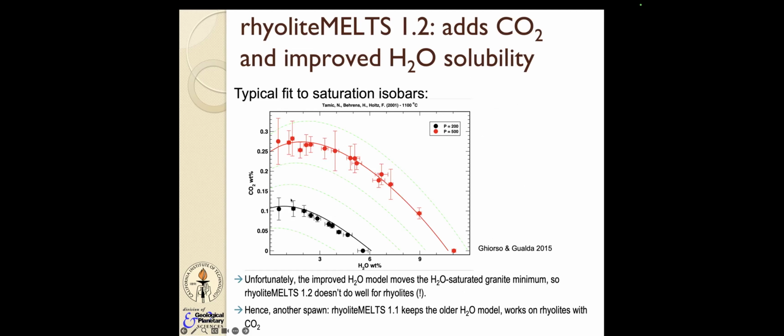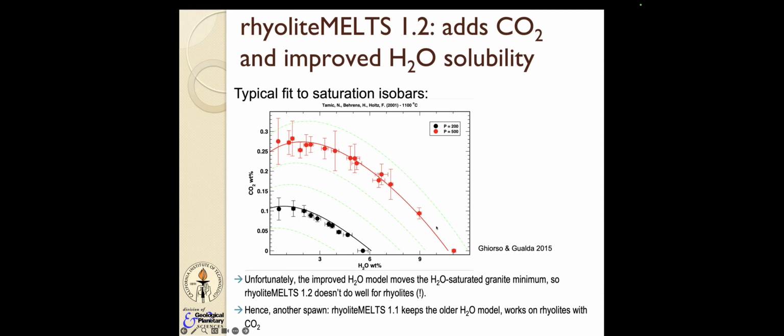As of 2015, Ghiorso and Gualda did this extensive calibration of the properties of CO2 and water in the vapor phase and in the silicate melt, yielding very accurate predictions of the solubility of CO2 and water in mixed vapor systems. Okay?